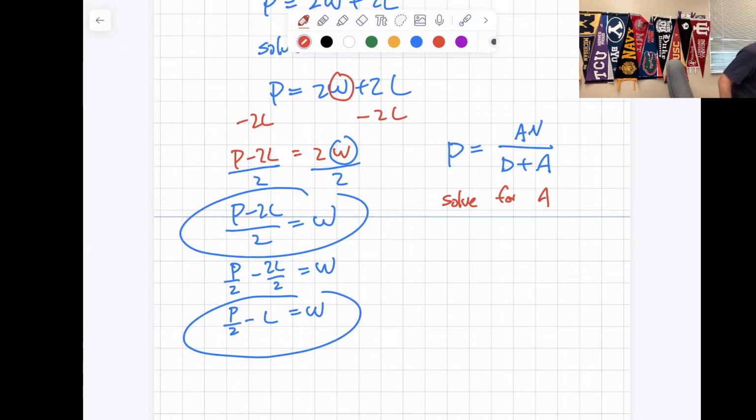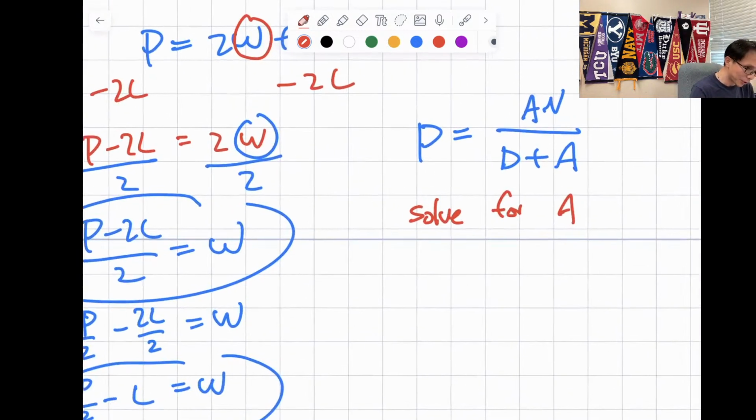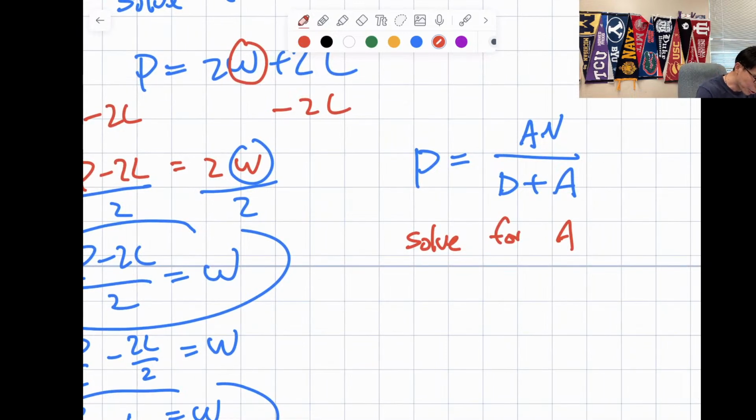So I'm going to show you how to do this. I circle things to help me organize. My goal is to get all the A on one side. However, I have fractions. Do you like fractions? No. So find a way to get rid of them.